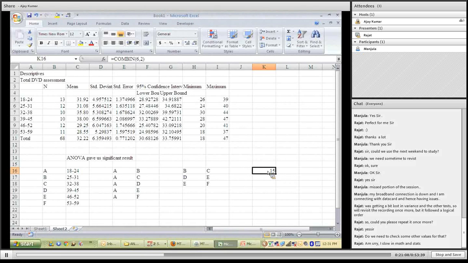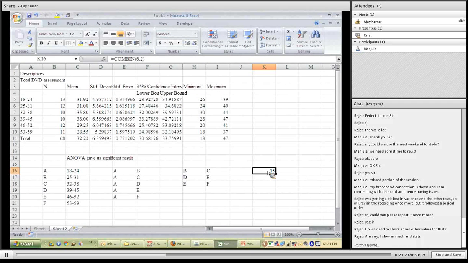If any of these 15 combinations are different from each other, then ANOVA will give you a significant result. I'm getting back to this because it is an important point: we have 6 groups and we are checking these groups against each other, one to one.